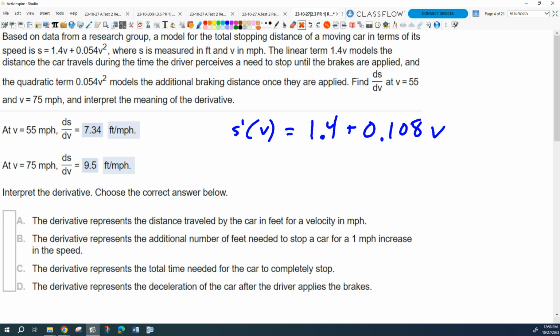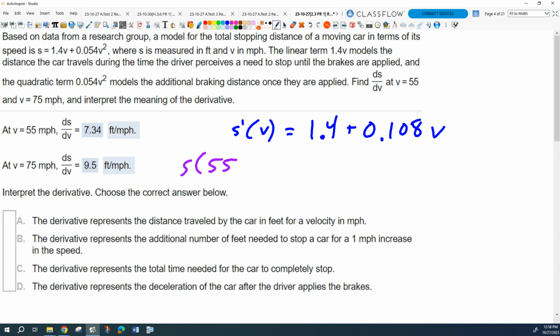That's true, but that's what the function tells us. We've got S of V up here. What if I just calculate S? This is actually really important to know about.